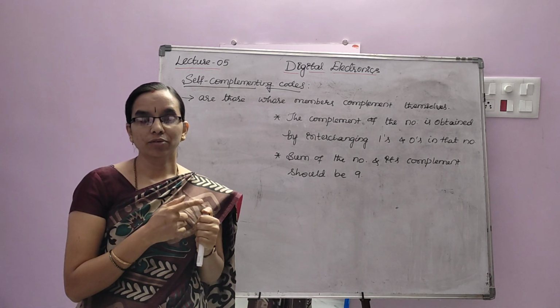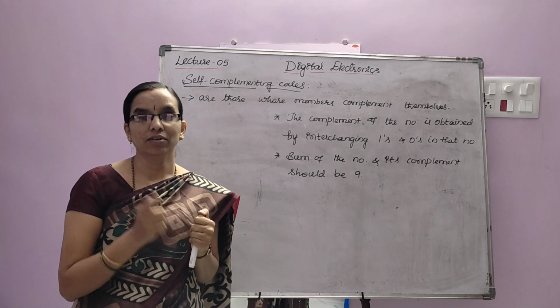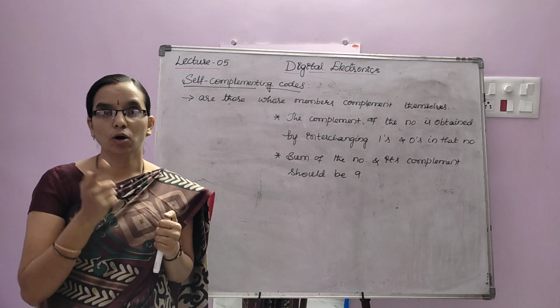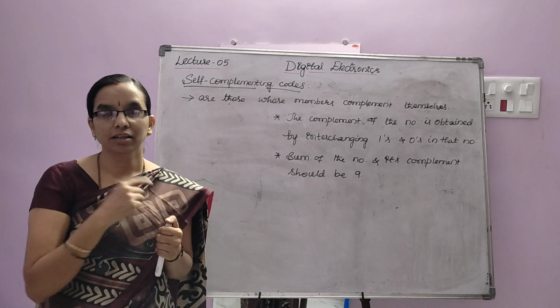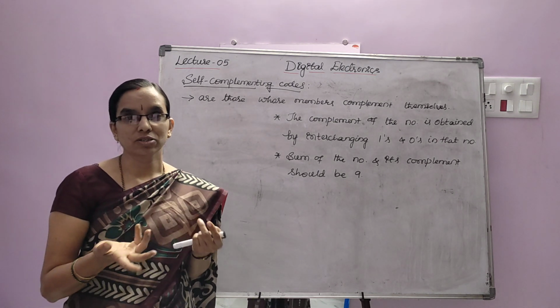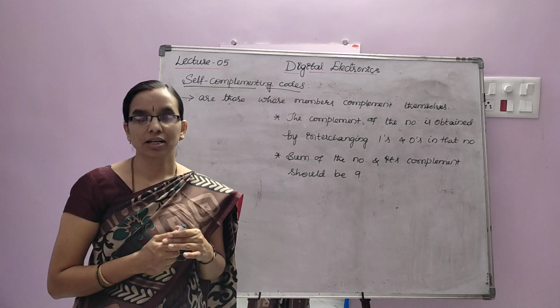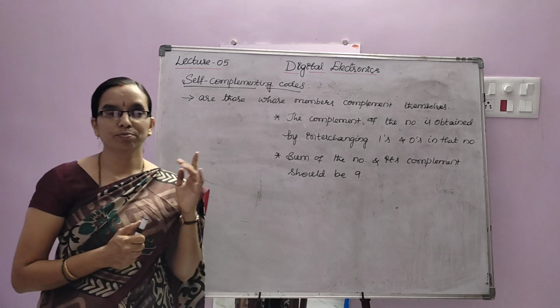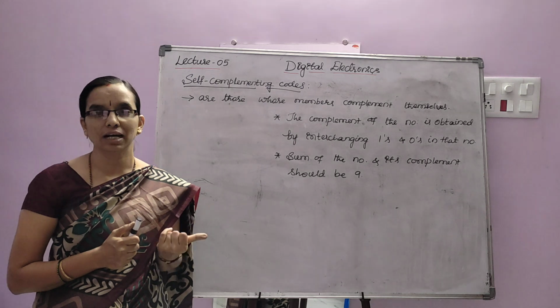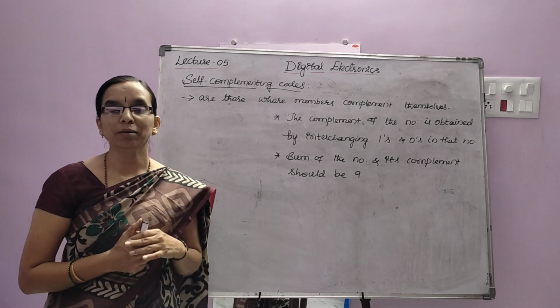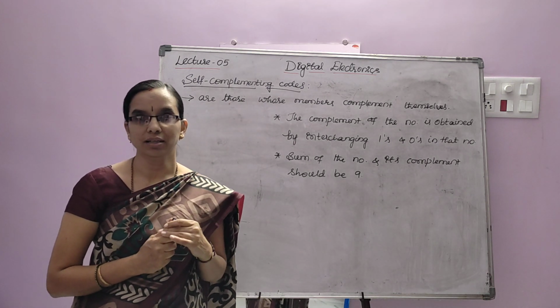If they want to perform subtraction, they will take the complement of the given number and add it. Then the subtraction operation is done with the help of addition. That means digital systems are performing subtraction by using addition, by the complementing property of binary numbers.